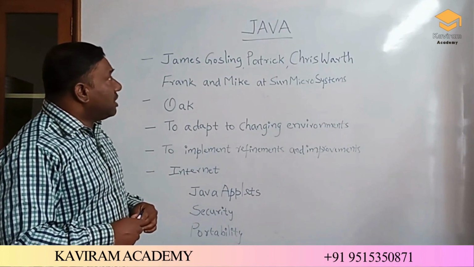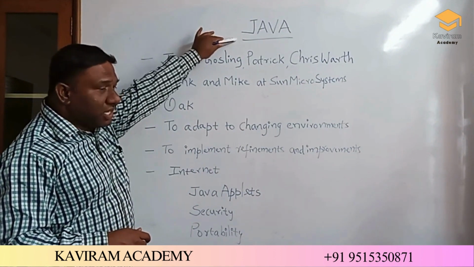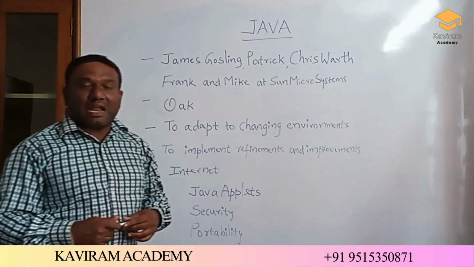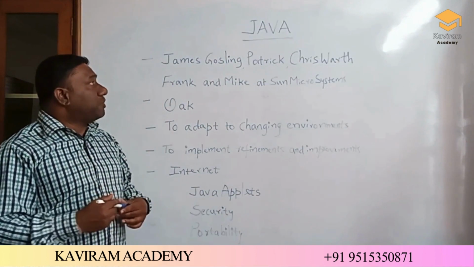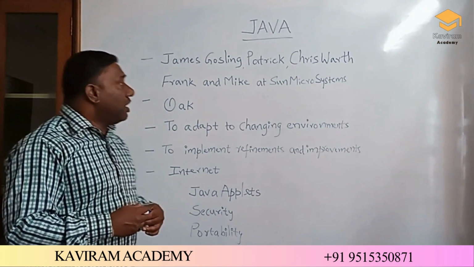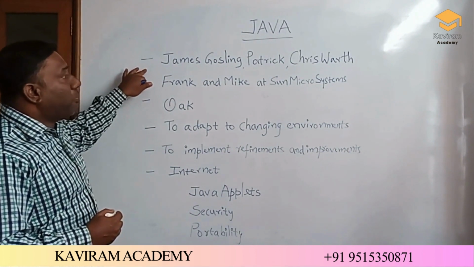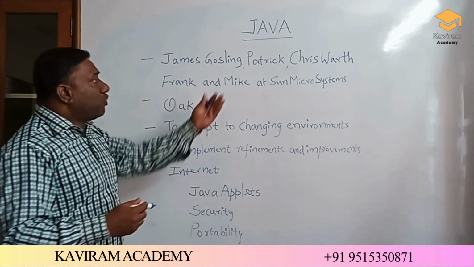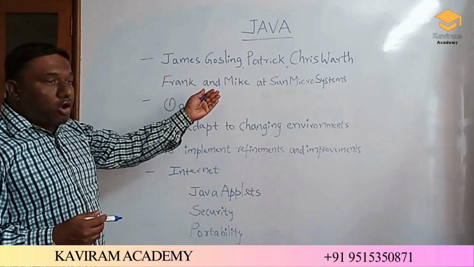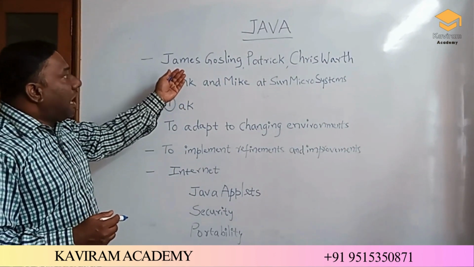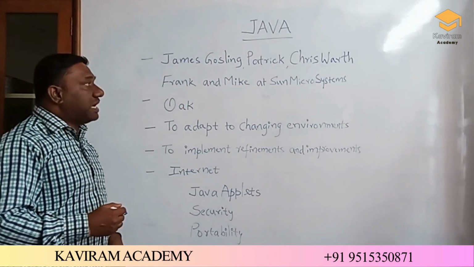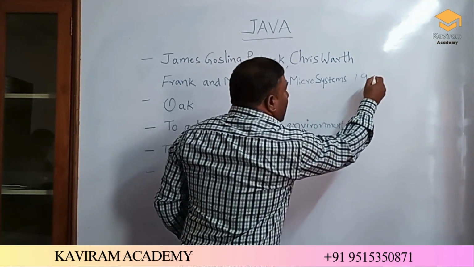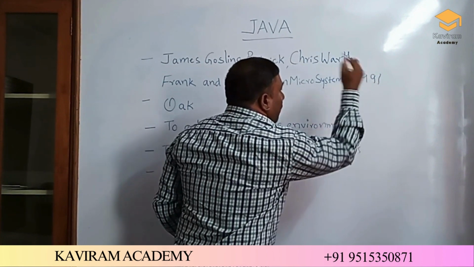This language came into existence in the late 1980s and early 1990s. It was developed by a group of people named James Gosling, Patrick Naughton, Chris Warth, Frank and Mike, at Sun Microsystems, and it was designed around 1991.